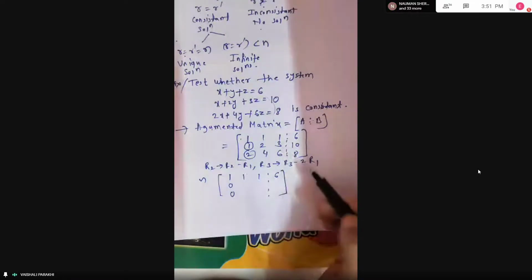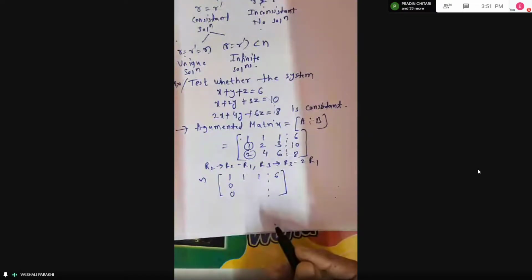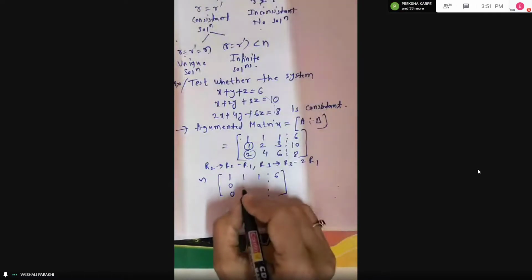So what you got, students? 1, 2 and 4. Yes. Adira, can you tell? Adira, tell me the second row. 0, 1, 2, and 4.